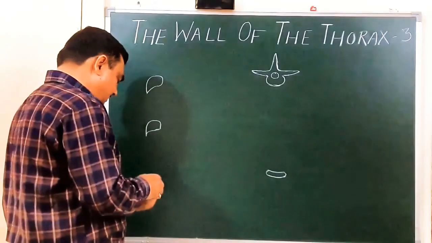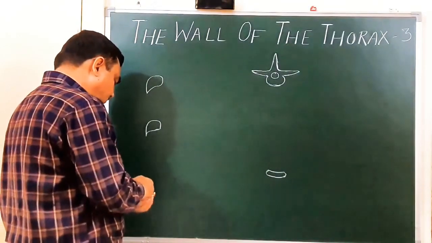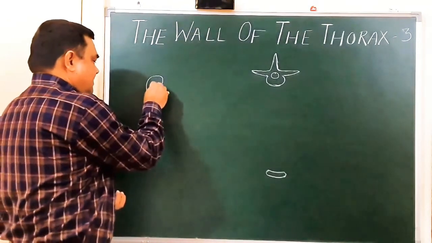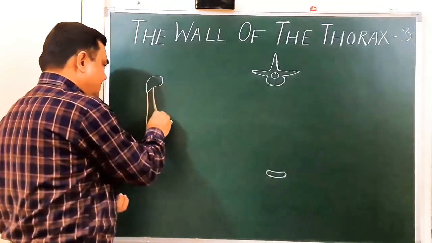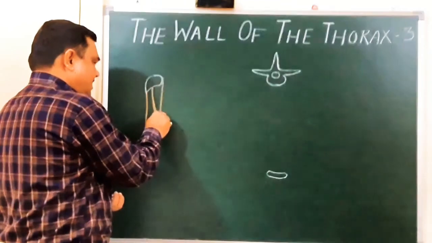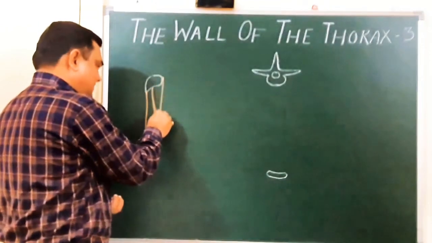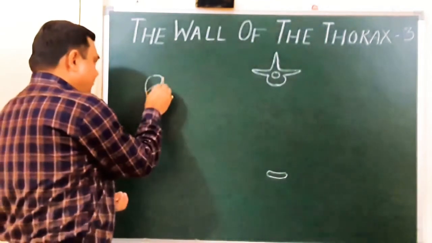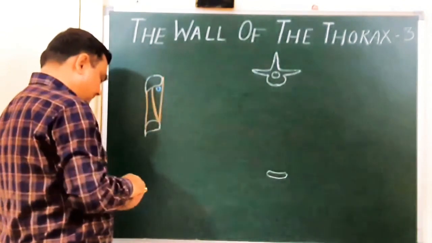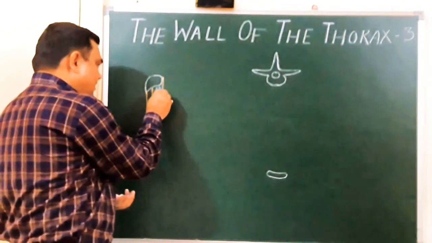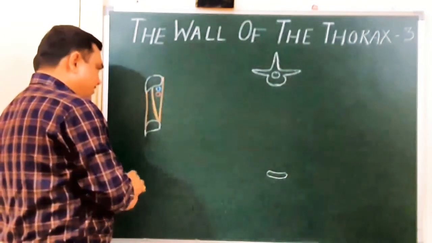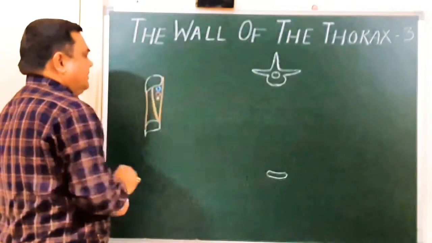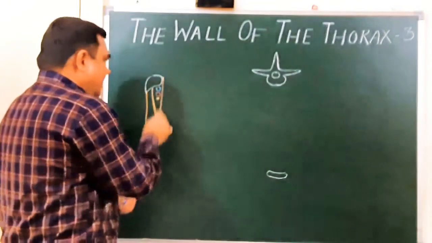Here you can see there is external intercostal muscle, there is internal intercostal muscle, and here is transverse thoracis or intercostalis intimae muscle, and here is position of vein, intercostal vein, then artery, intercostal artery, and here is nerve. This is nerve. So this is intercostal nerve.